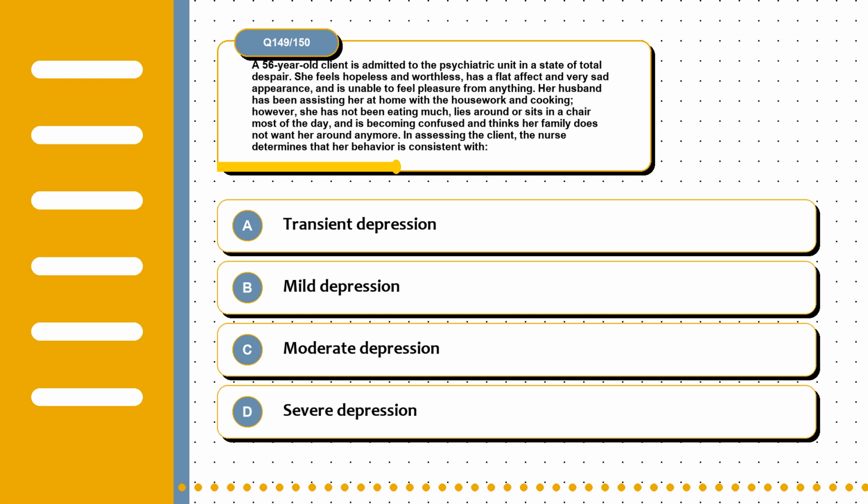However, she has not been eating much, lies around or sits in a chair most of the day, and is becoming confused and thinks her family does not want her around anymore. In assessing the client, the nurse determines that her behavior is consistent with. Here are the options. Option A. Transient depression. Option B. Mild depression. Option C. Moderate depression. Option D. Severe depression.